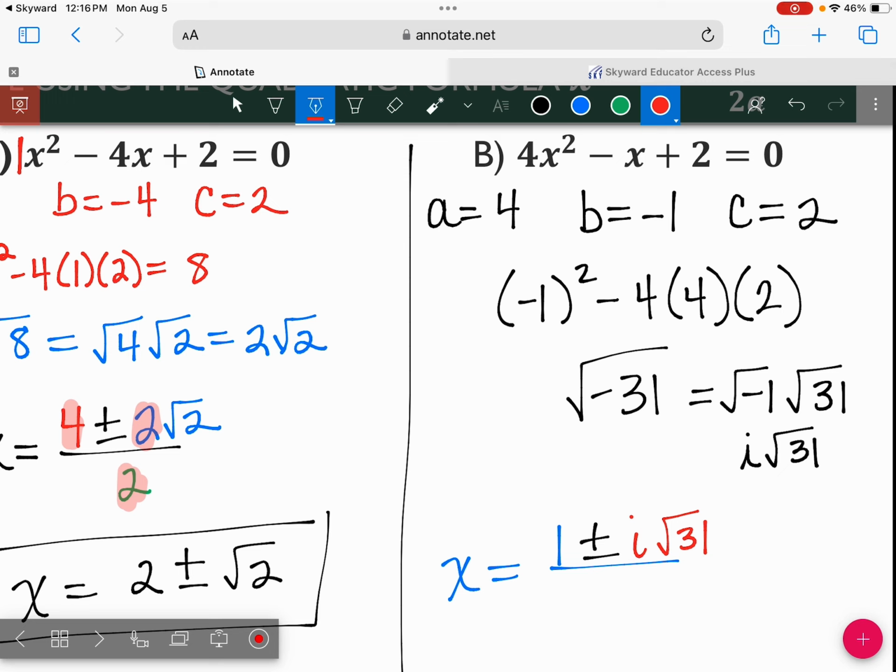And what is 2 times 4? 8. Now we cannot reduce this one though, because looking at these numbers, the only thing that goes into 1, 1, and 8 is 1. So this is actually my final answer.